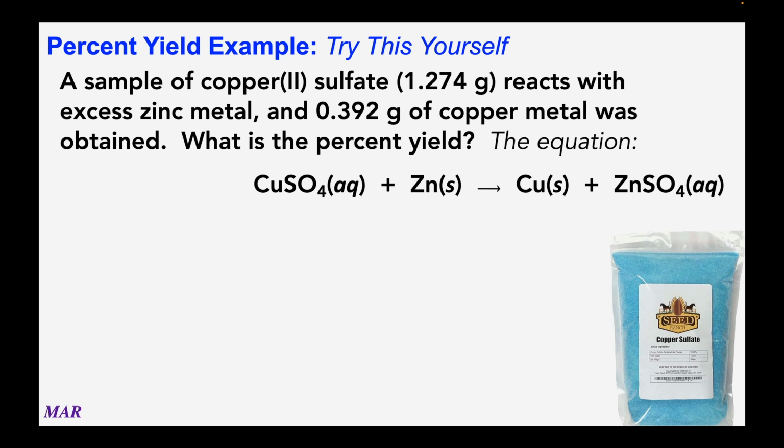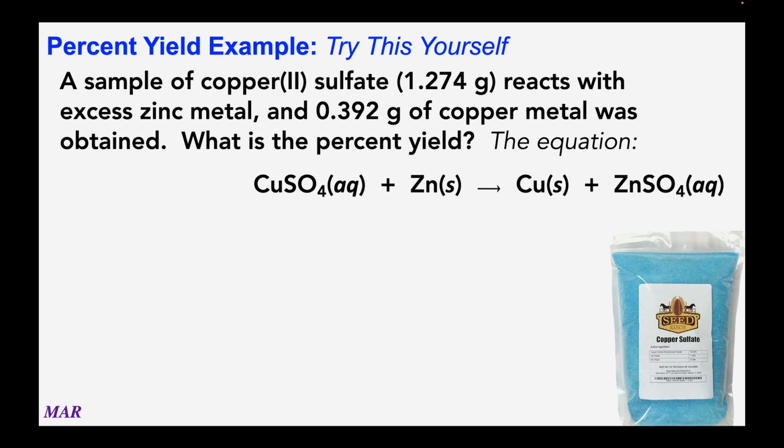And there's the equation. How you would answer that is you take that 1.274 grams of copper(II) sulfate, turn it into moles, using the molar mass. Then for every 1 mole of copper(II) sulfate, you're going to create 1 mole of copper. So in this case, the moles are equal to each other. You can then take that moles of copper and multiply it by the molar mass of copper, 63.546.